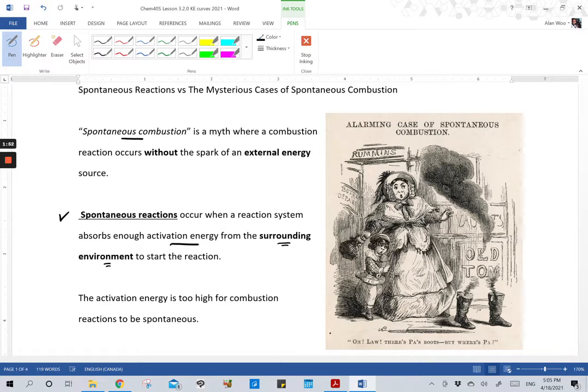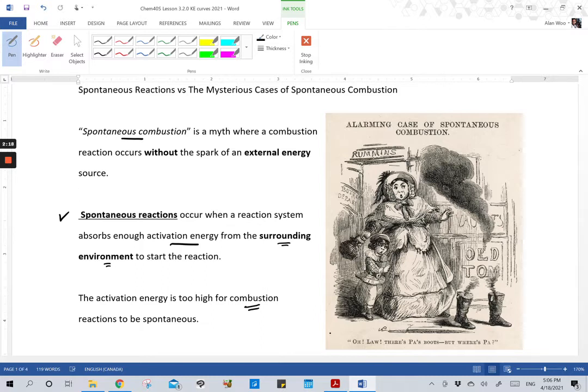The same idea doesn't apply to combustion reactions because the activation energy for combustion reactions is too high. Every combustion reaction that we know of, whether it's oil or alcohol, needs a spark or some heat source externally added to it in order to burst into flames.